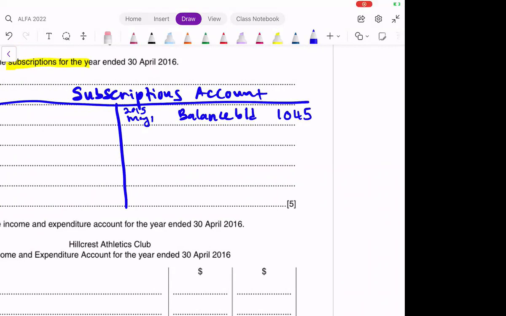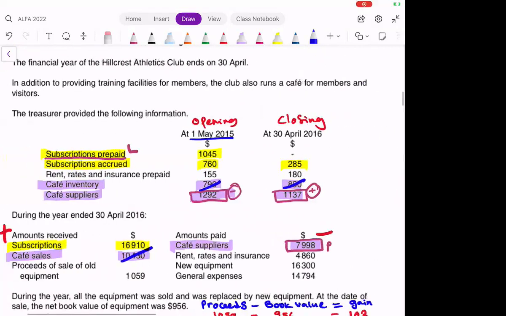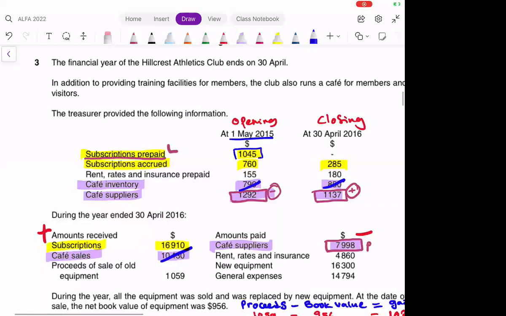Make your life easy. If this balance BD is credit, it means subscription accrued is another opening also. Another balance BD will be on the same side or different side? Of course the different side, cannot be on one side. If you confirm this is correct, credit means the other balance BD will be debit.